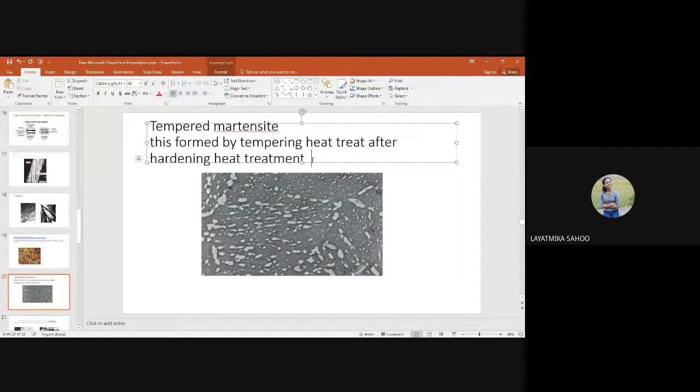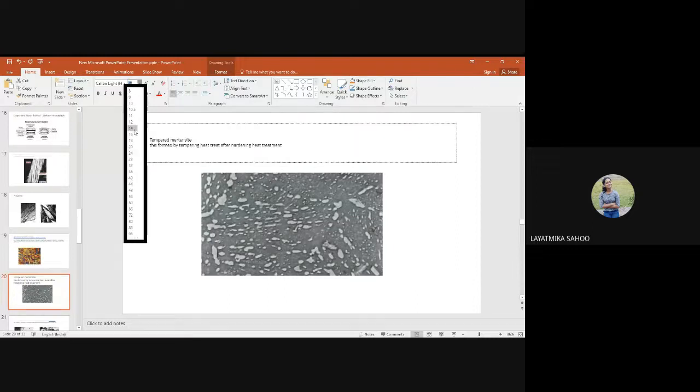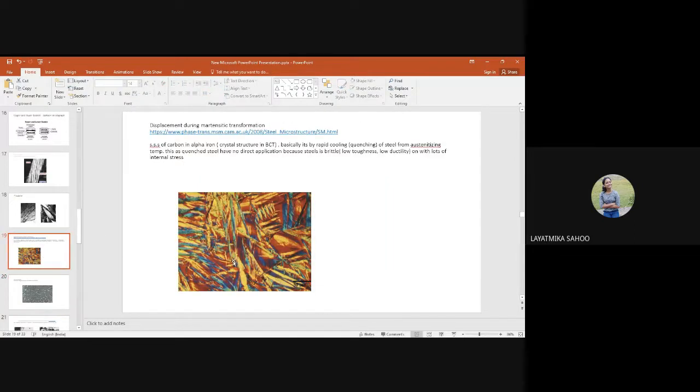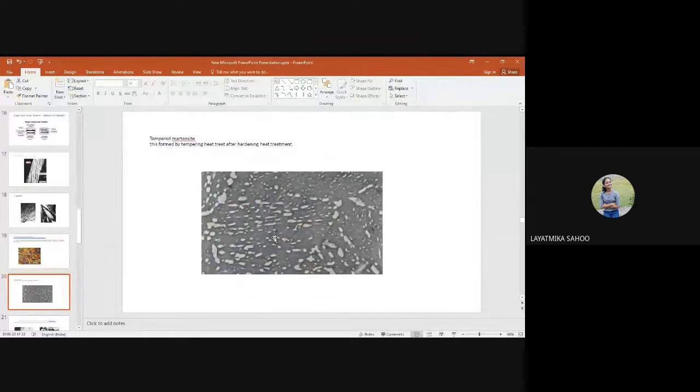Fine. So tempered martensite gets its name because after tempering you get a martensite that is called tempered martensite. Can you figure out what is happening? Here you can see needle shaped, but basically in 3 dimensions it is plate shaped.